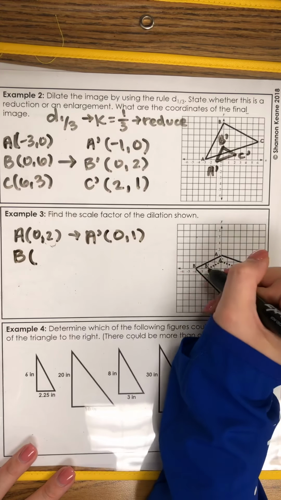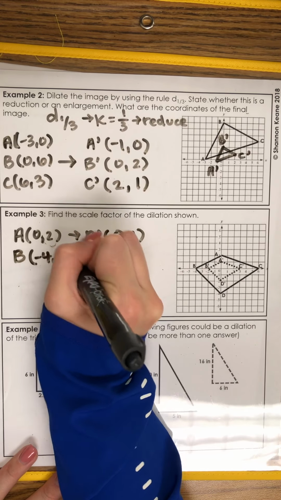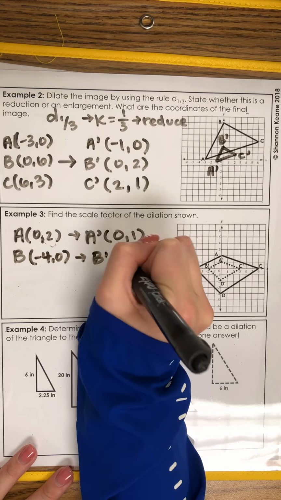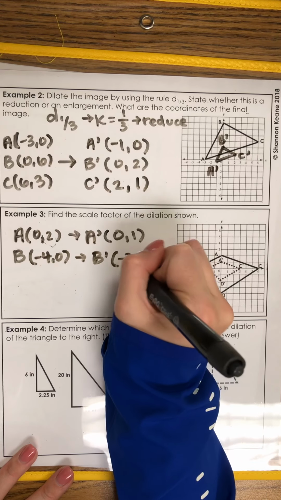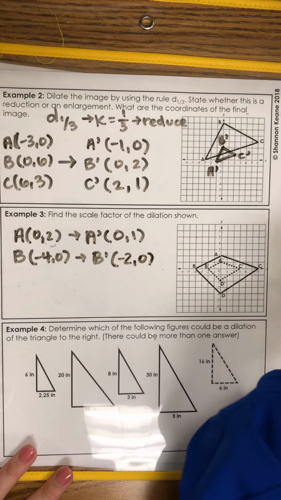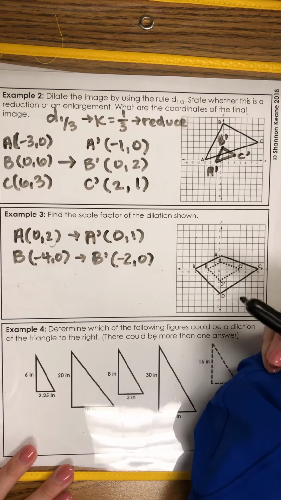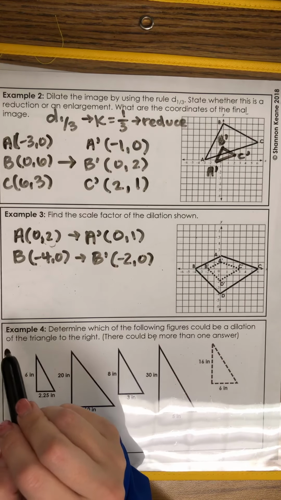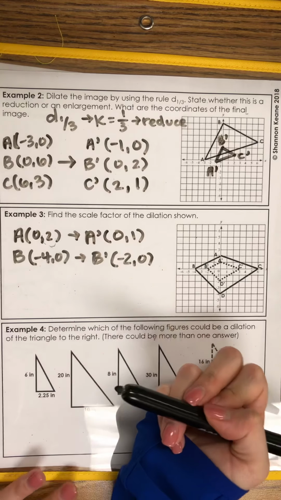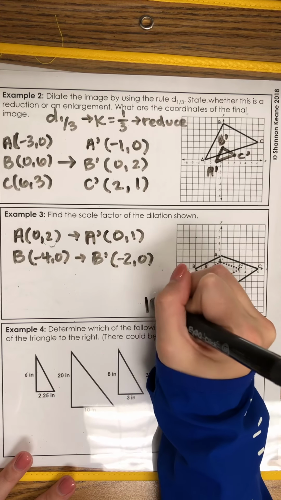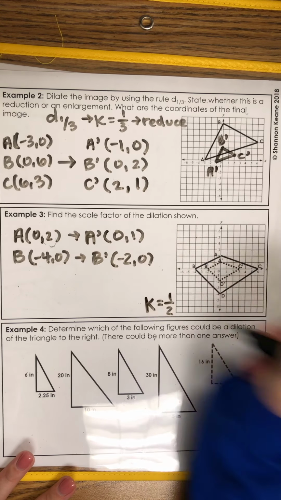B starts at -4, 0, and B prime ends up at -2, 0. So looking at these two, I see that we're cutting the size in half or dividing by 2. So that means our scale factor is going to be 1/2.